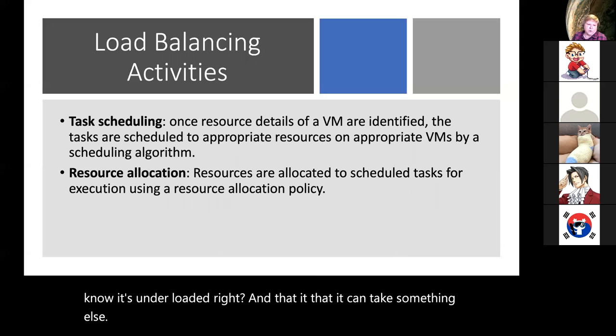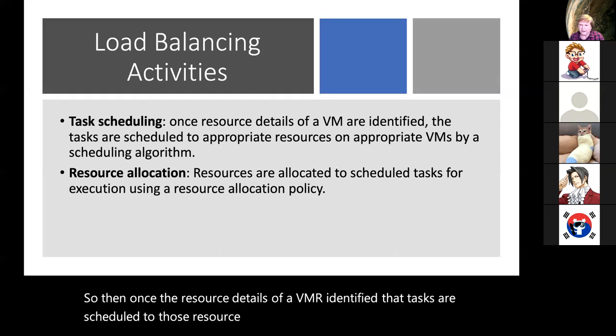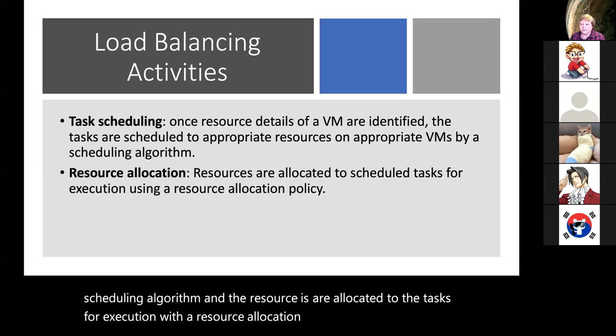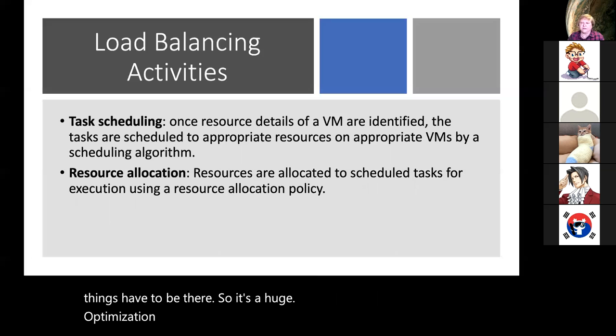Once the resource details of a VM are identified, the tasks are scheduled to those resources on that VM by a scheduling algorithm. And the resources are allocated to the tasks for execution with a resource allocation policy. All of these things have to be there. So it's a huge optimization task to figure out how to do all of these things so that you can keep moving things around.